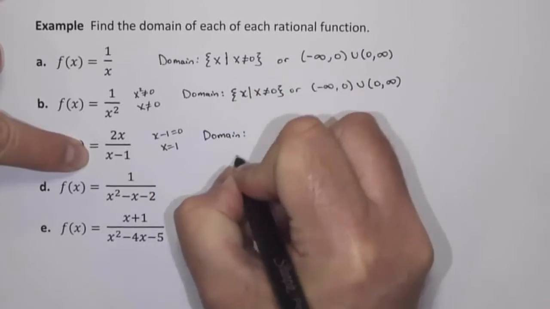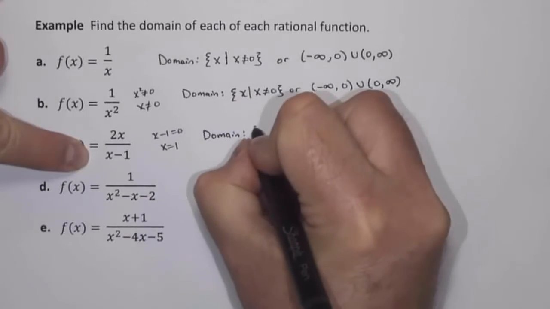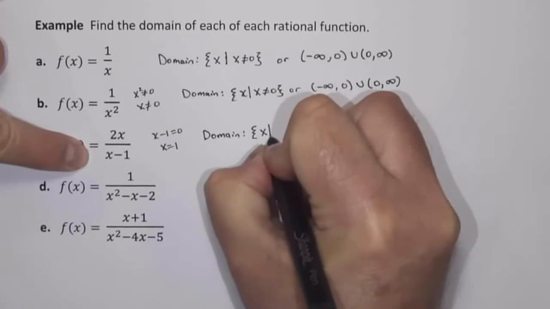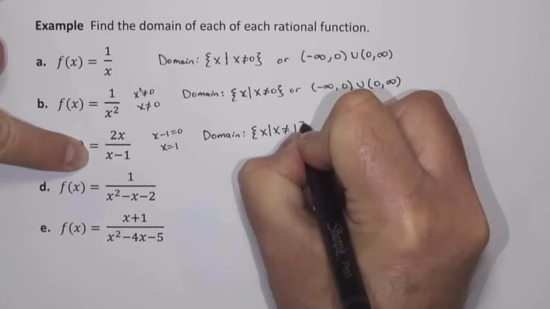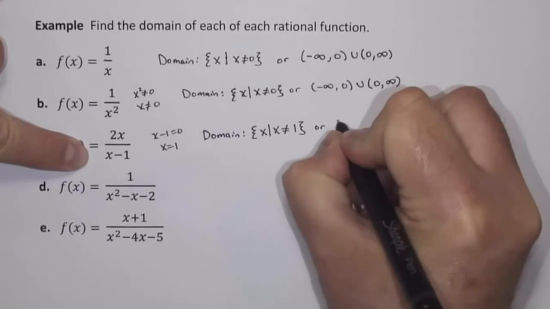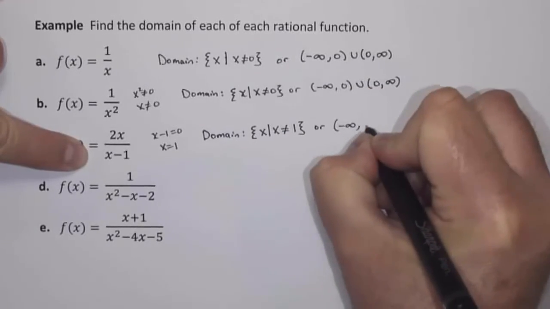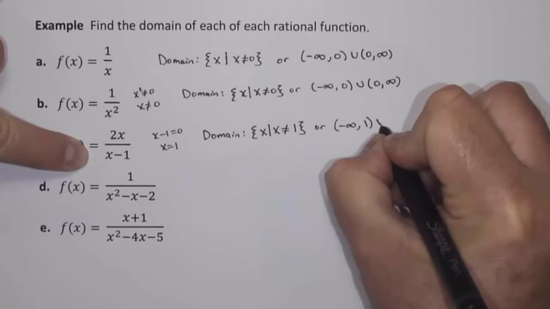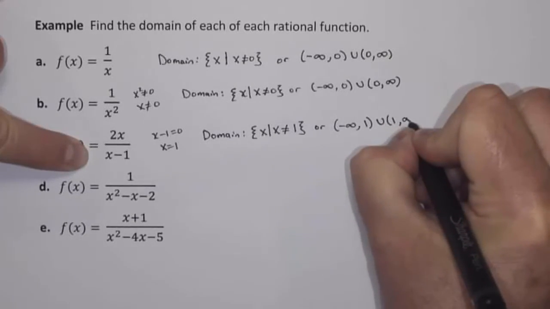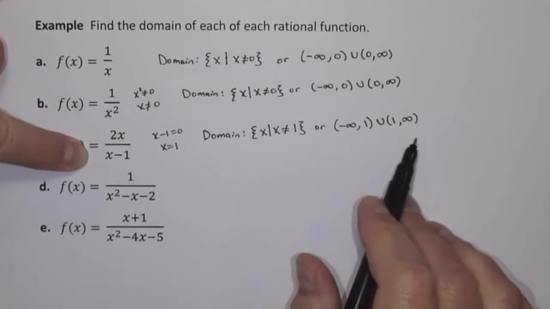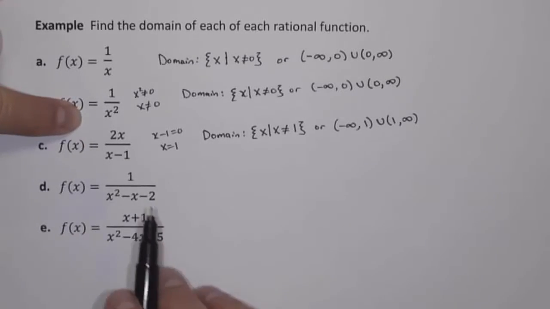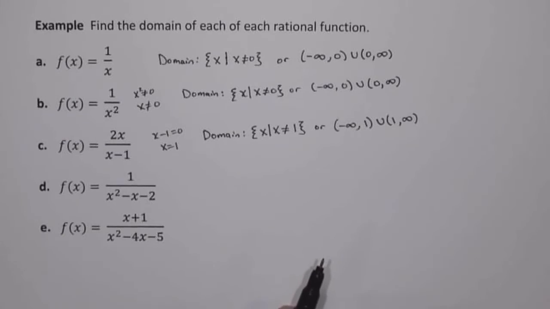So our domain means that x cannot equal 1. So our domain, x can be anything as long as it's not 1. Or, that could be anything from negative infinity to 1, union 1 to infinity. So again, x can be anything except 1 because 1 causes division by 0.